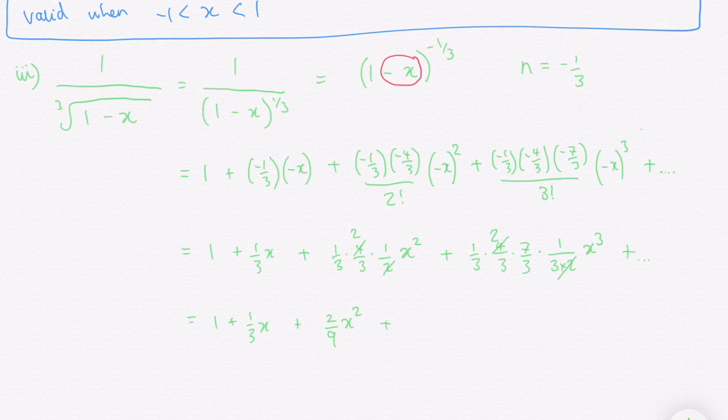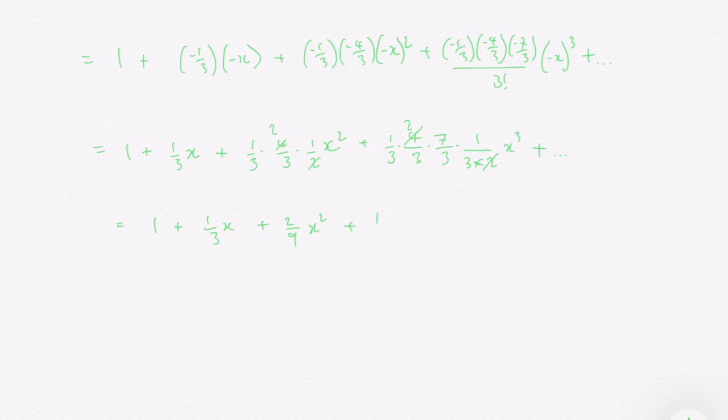So we have 14 over 81 x cubed plus our remaining terms. And we know our general binomial expansion is valid when x is between -1 and 1. So this is valid when negative x is between -1 and 1, which is just equivalent to saying x is between -1 and 1.